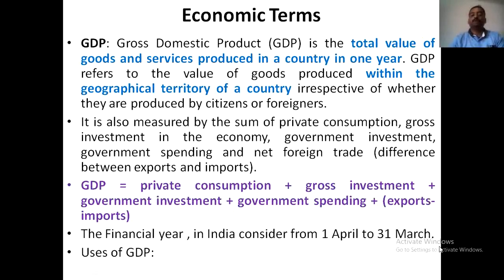Now, for more growth in GDP, we require more exports than imports. Unfortunately, India's trade-off is negative. India's trade-off being negative means India's export is comparatively less than the import.